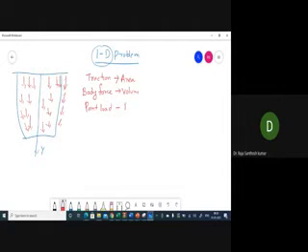This is called the body force. Another load is the point load, the force acting at a point.